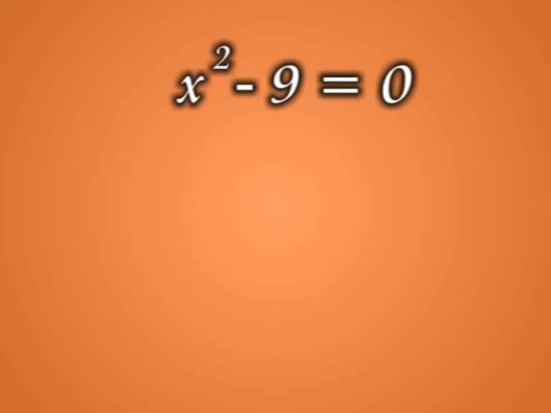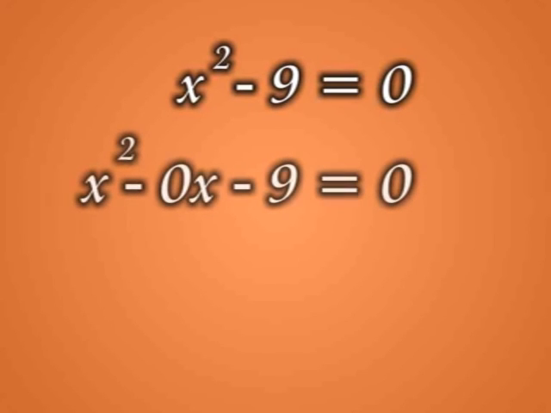Now there is one other technique, or shortcut rather, that I want you to become familiar with for factorization. Let us use the example x squared minus 9 is equals to 0. What we'll do here is, let's imagine we slot in a middle term. So that will become x squared minus 0x minus 9 is equals to 0. Have we changed anything?